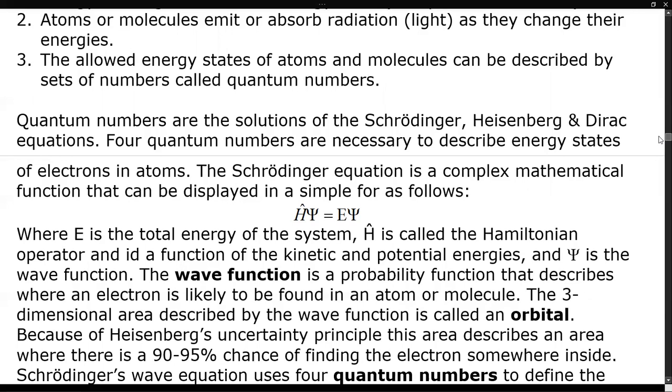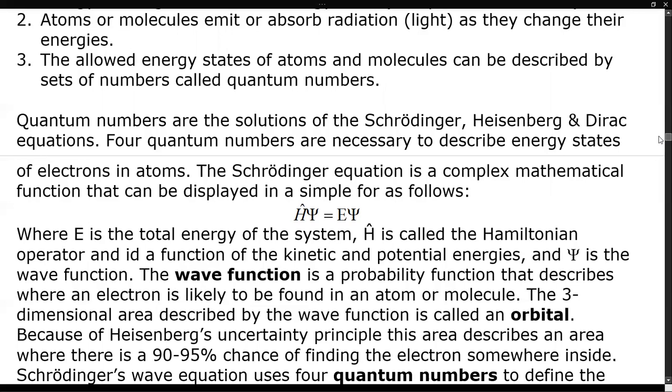H with the little hat, when you see a variable with a hat, that means it's an operator. That means instead of representing just a number, it represents a mathematical function. And the Hamiltonian operator is a function of the kinetic and potential energies, where the psi is the wave function.